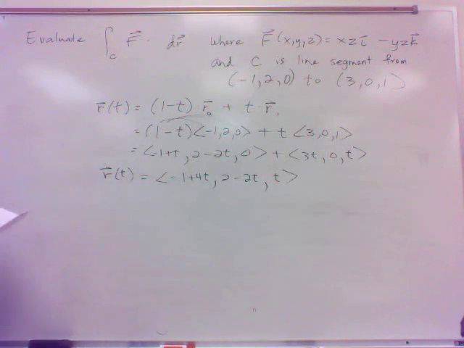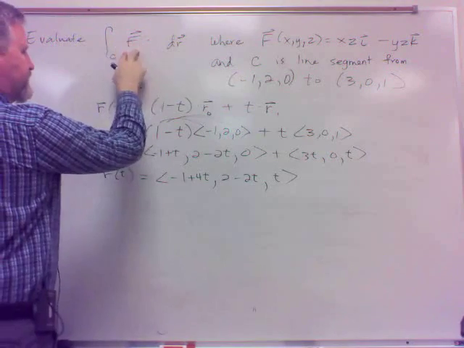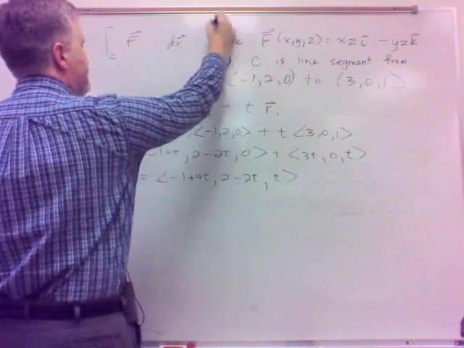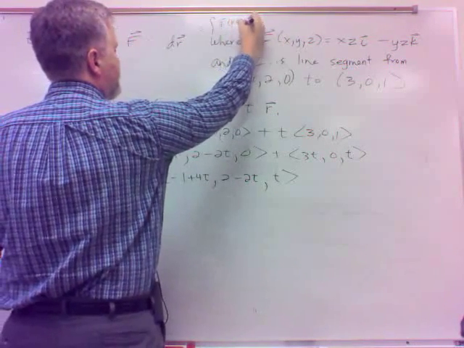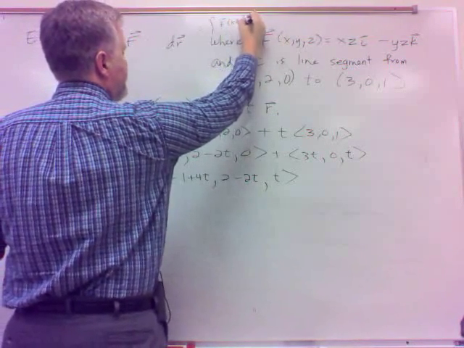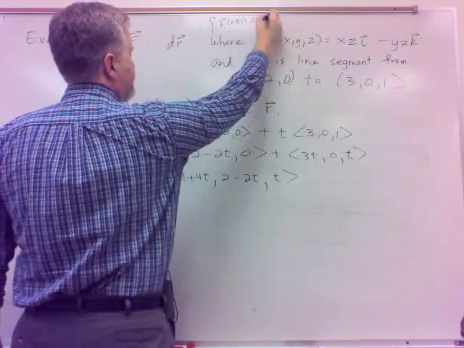Again, this is going to equal F evaluated at r of t dotted with r prime of t dt.